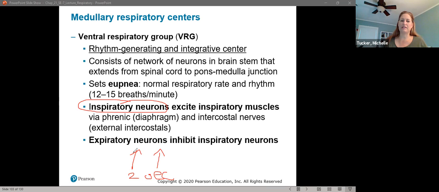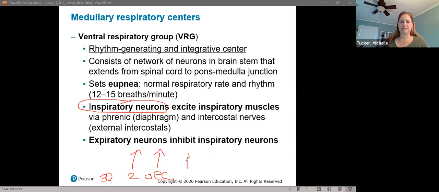And it would continue at this rate of about 1 every 2 seconds. If you calculate that out, that would be about 30 respirations per minute. As it says in the slide above, our normal respiratory rate and rhythm is between 12 and 15.